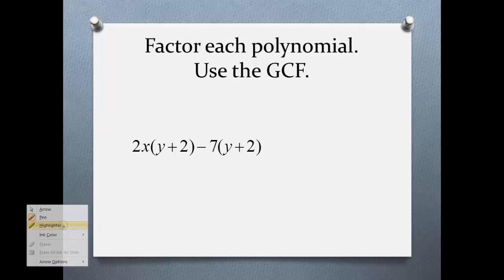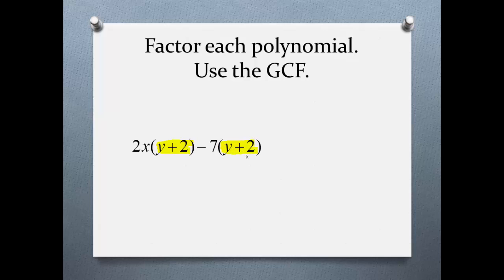Here's another example of what it might look like when you start to have multiple variables involved. In this polynomial, I have 2x times the quantity y plus 2 minus 7 times the quantity y plus 2. And so that y plus 2 is a factor in each of these terms, this term 2x times y plus 2, and this term 7 times y plus 2.